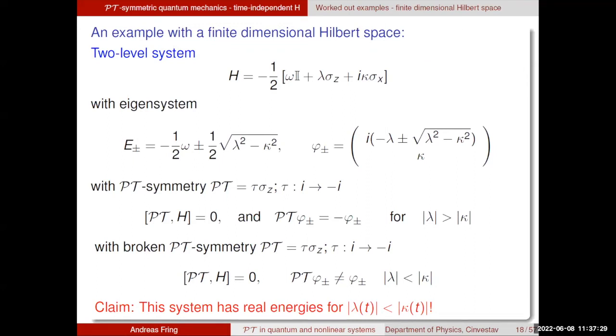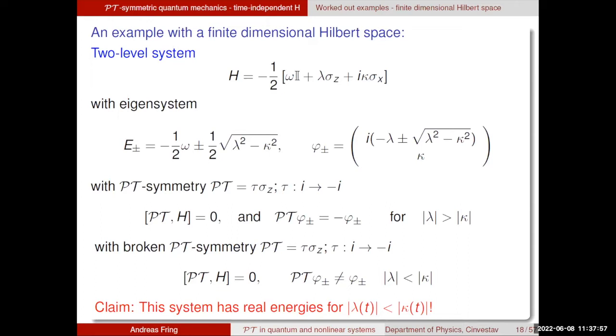If you go to this point, you have lambda equal to kappa, and we have the exceptional point. The eigenvectors in this case coincide, they coalesce, people say. If you go beyond, you also see the feature that the two eigenvalues are complex conjugate to each other. And you can also see this property here, that the eigenstate of the Hamiltonian is an eigenstate of the PT operator.